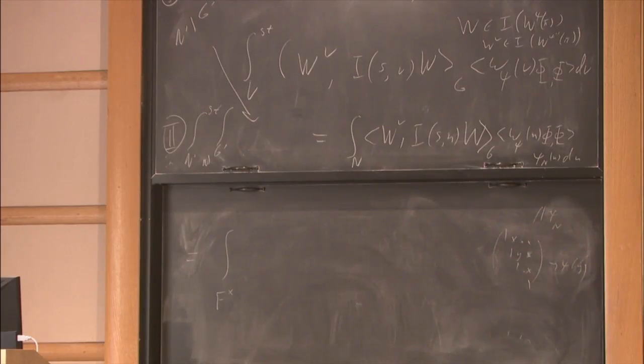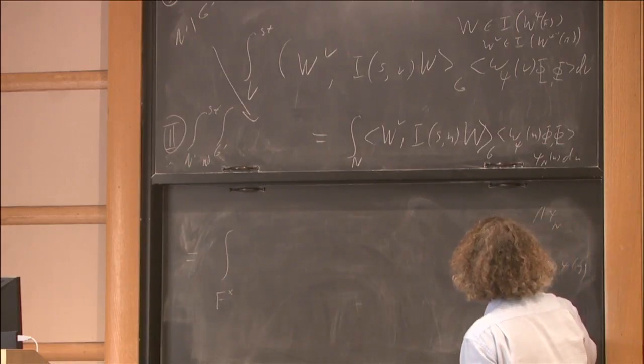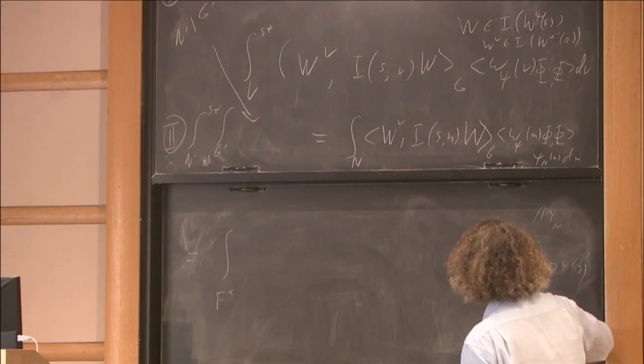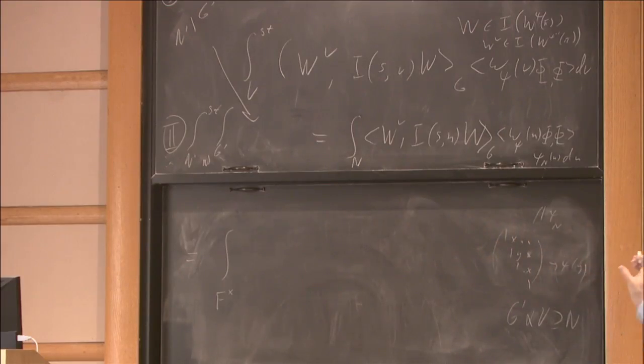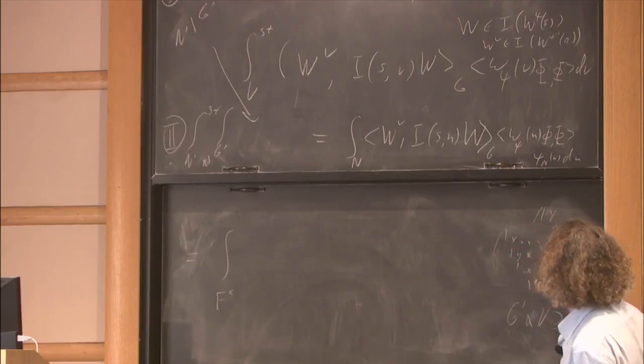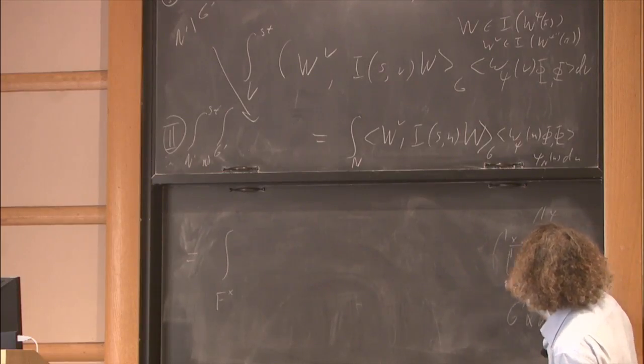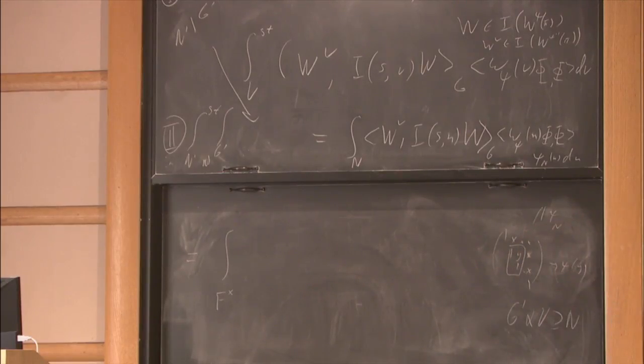How does it act on the oscillator representation? Well, I have the full G prime V acting. That certainly contains n. Of course, I split the n part in the metaplectic cover. It's contained in this product. Yes, okay.